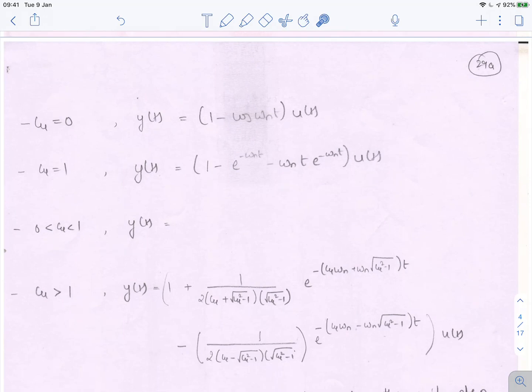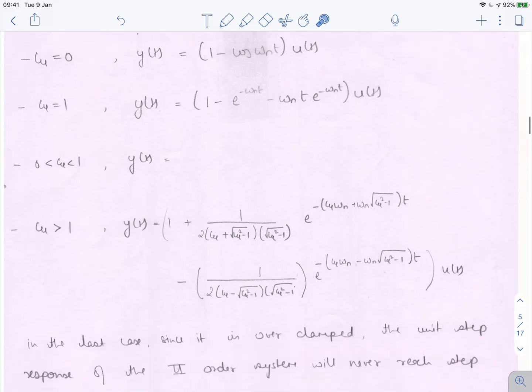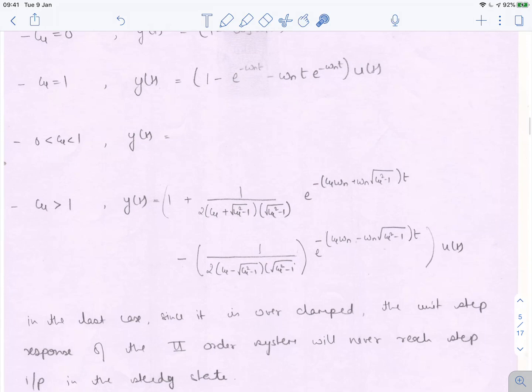When xi is between 0 and 1, I haven't written the response, but you can compute it. And for xi greater than 1, we have this somewhat complex looking response.